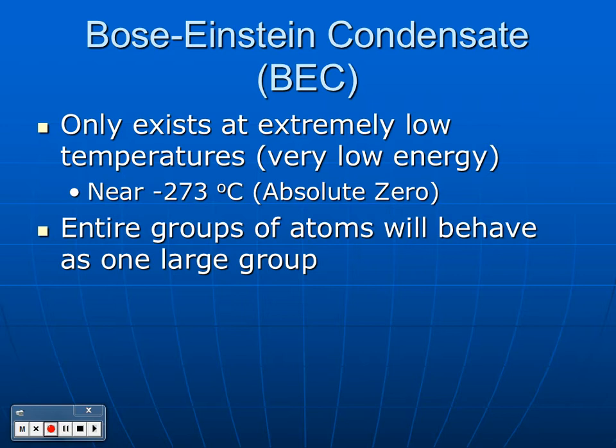They start bunching up. And entire groups of atoms behave as if they are one entity. You might think, wait a minute, isn't that just a solid? Isn't that what happens in an ice cube? All of these water molecules are there. Not exactly. Think about it this way.